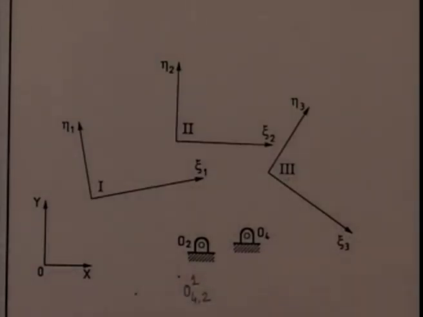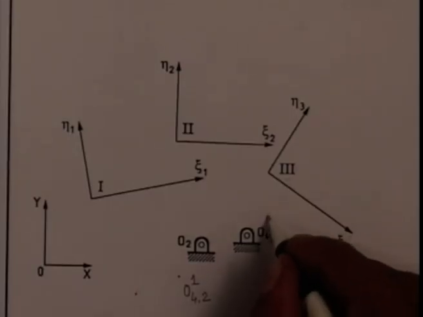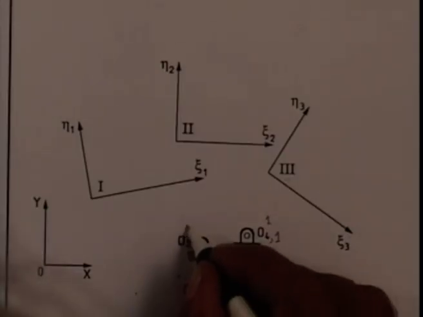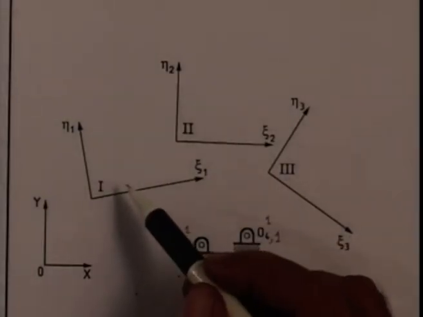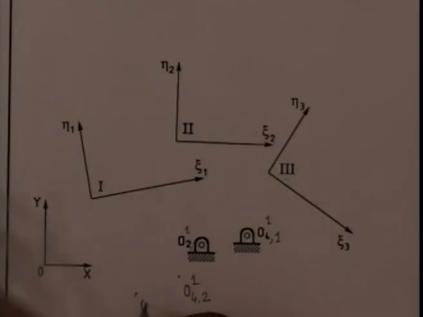So I call it O4, 2, 1. This is really, I could have said, this is O4, 1, 1. And this is O2, 1, 1. So holding the coupler fixed in the first position, if I allow the fixed link to move, then O4 comes here and O2 comes here. This I call O2, 2, 1.